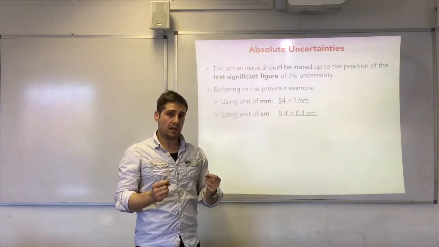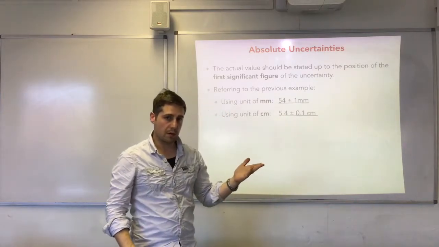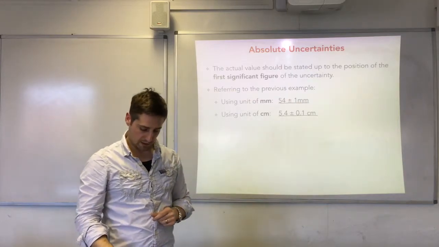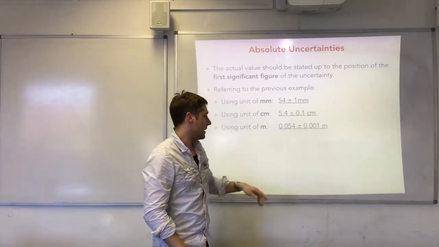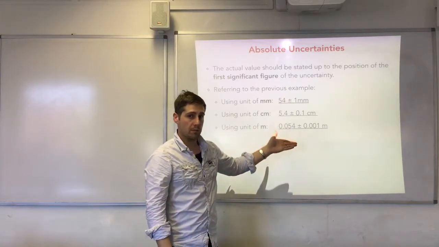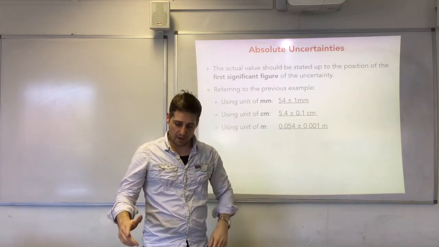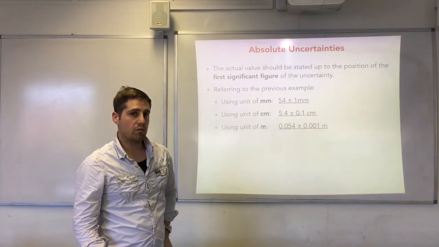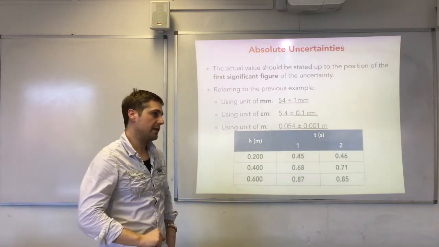Then 1 millimeter in centimeters is 0.1. So that's 5.4 plus or minus 0.1 centimeters. And then again, if I wanted to write it in meters, then I could write it as 0.054 plus or minus 0.001 meters. Hopefully you get the idea now. That's how you could write your measurement with the absolute uncertainty in various units.